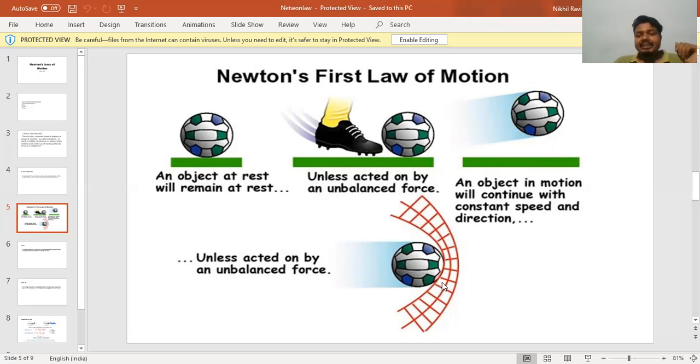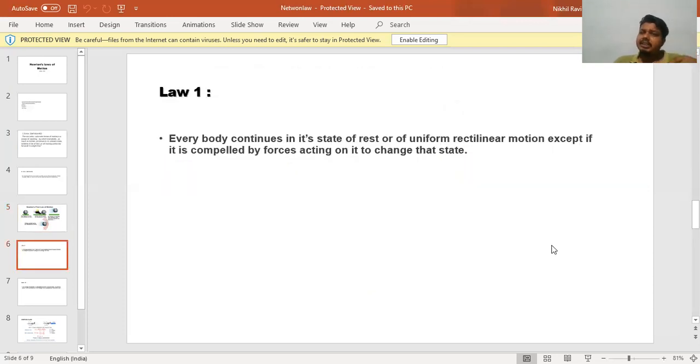Now the simple definition of Newton's first law: every body continues in its state of rest or of uniform rectilinear motion, except if it is compelled by forces to change that state. The first law can also be called the law of inertia. We will discuss inertia in our next video session.